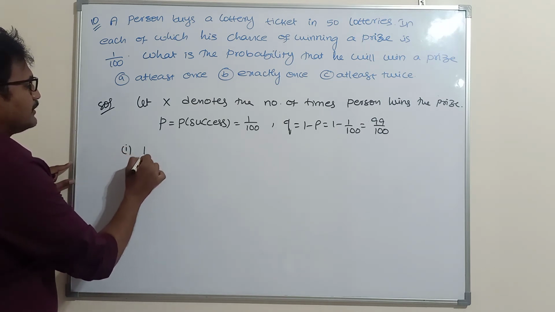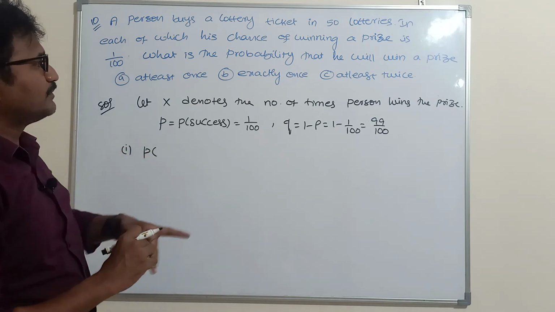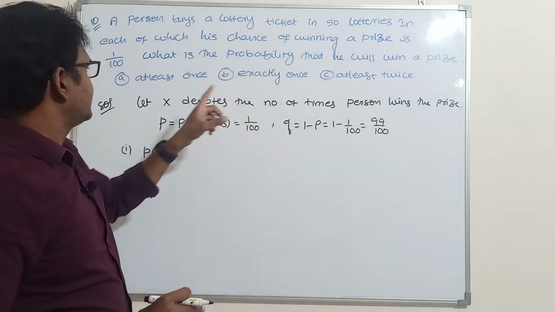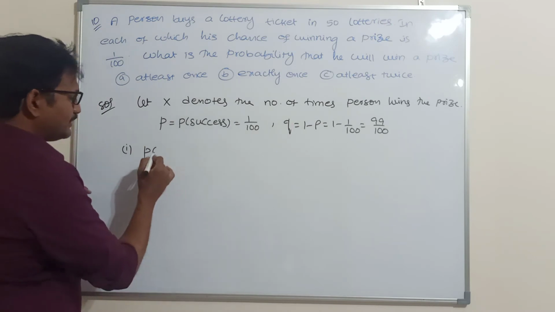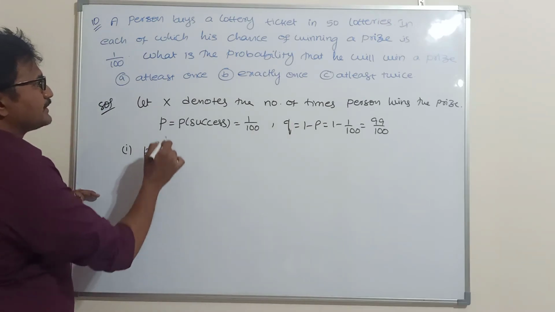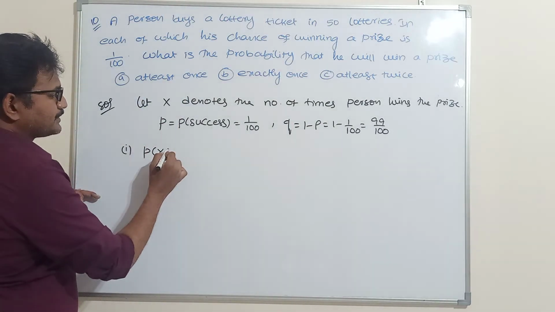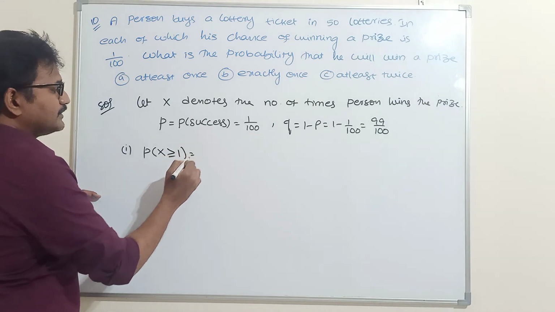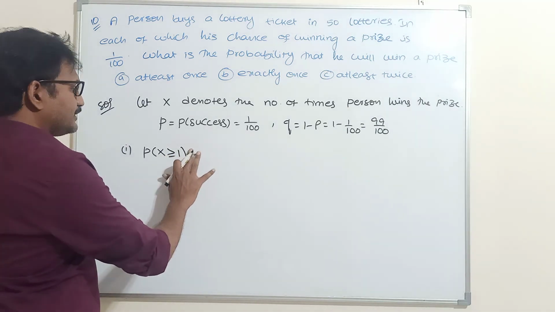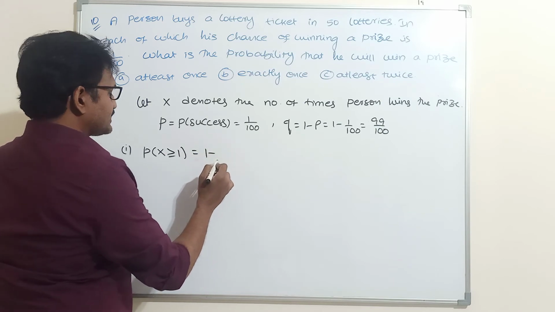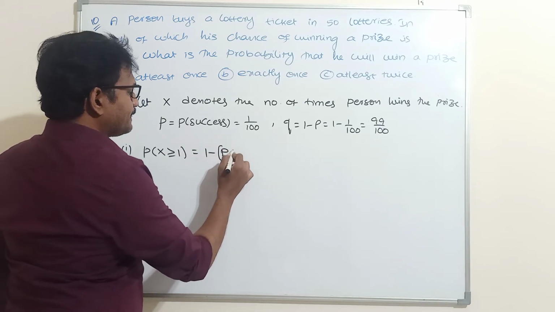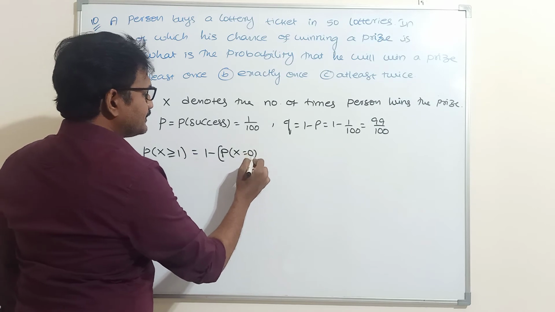Next, what to find? First problem: the probability that he will win a prize at least once. At least once means minimum 1. So P of X greater than or equal to 1 is equal to 1 minus P of X equal to 0.